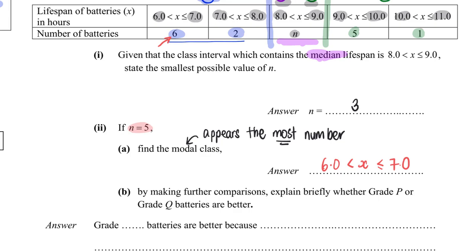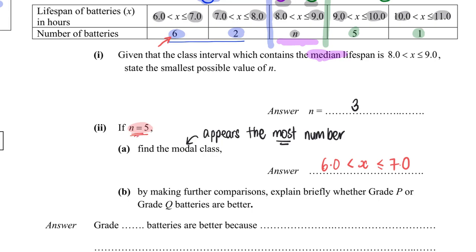And by making further comparison, explain briefly whether grade P or grade Q batteries are better. So in this particular question, we could try to find out where the median is given n is 5.